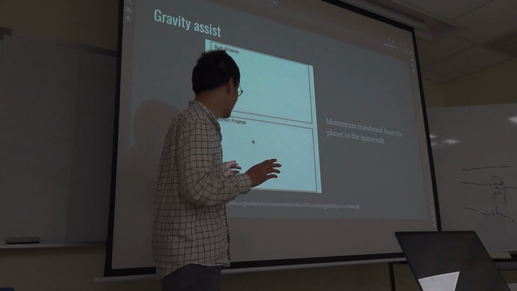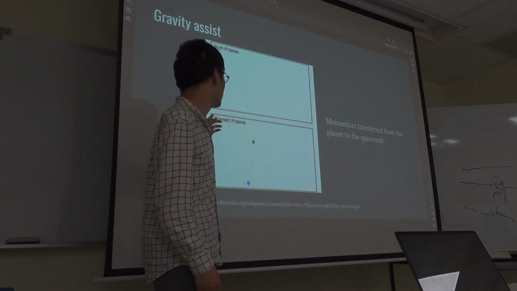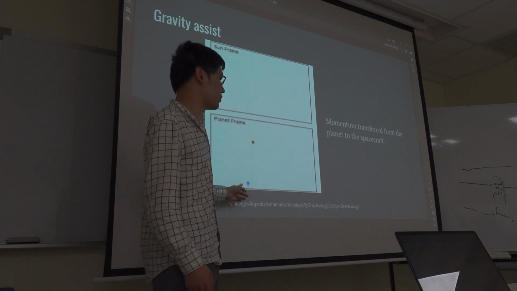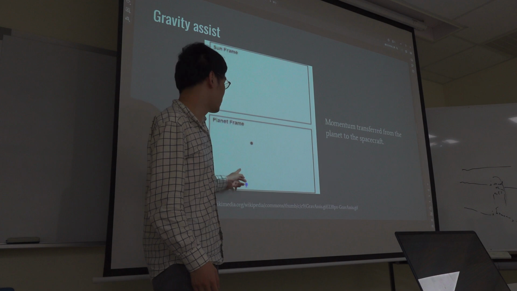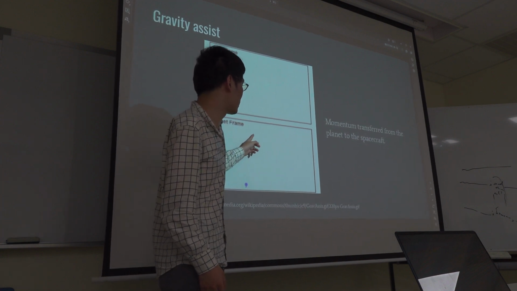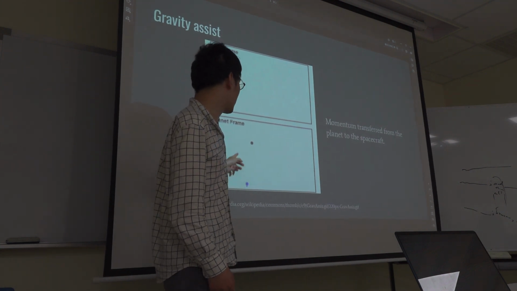It's a simple idea, and it's easier to understand from the reference frame of the planet. So if you fire your satellite toward the planet, it will be pulled by the gravity and then escape because you have non-zero velocity. So it's like a curve.